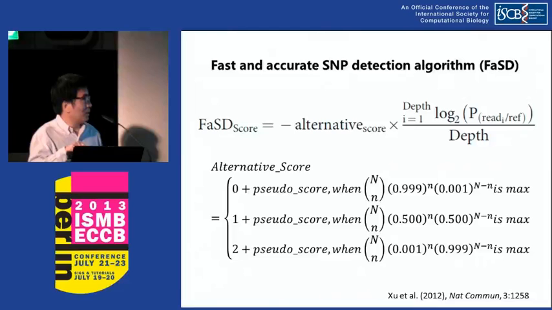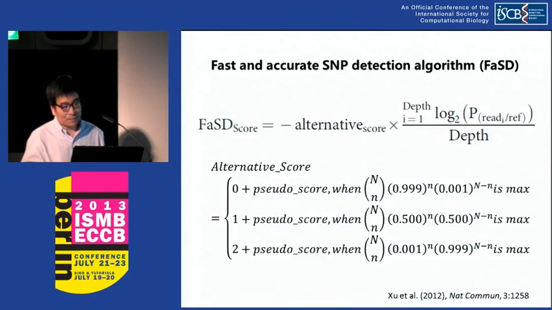We fit the data to all three models and pick the maximum. Whichever is the maximum will assign the score. If it's a homozygote the same as the reference, then it's 0 plus the pseudo score. The pseudo score is to prevent a multiplication problem. If it's a heterozygote, then it's 1, and for a homozygote different from the reference, the score will be 2.